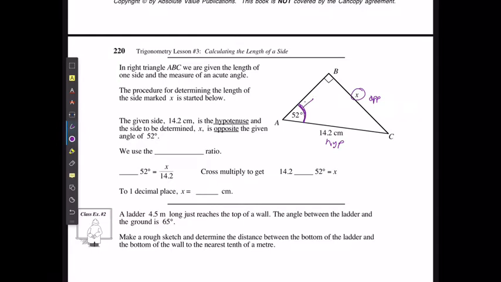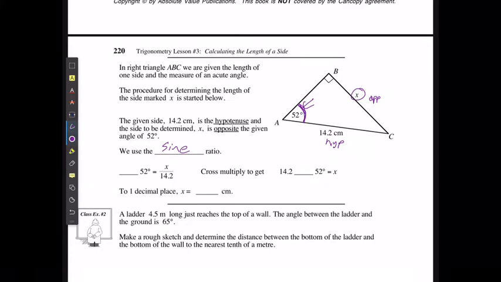If I have an angle, that means that I have sine, tan, and cos, because I can just put in sine of the angle, tan of the angle, or cos of the angle. So all I'm looking for is which ratio is going to include the opposite and hypotenuse. The only one that uses opposite and hypotenuse is my sine ratio.